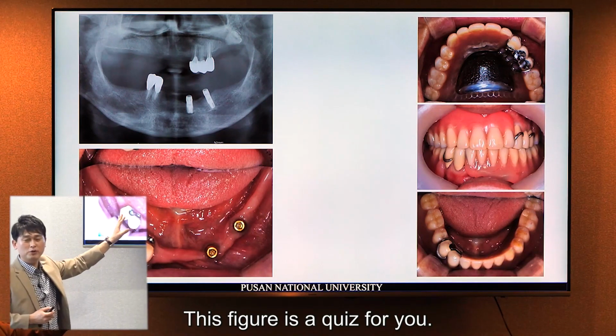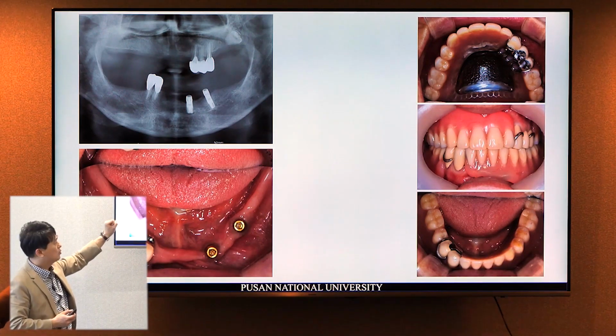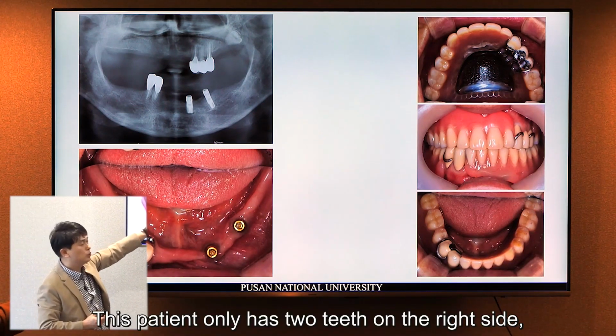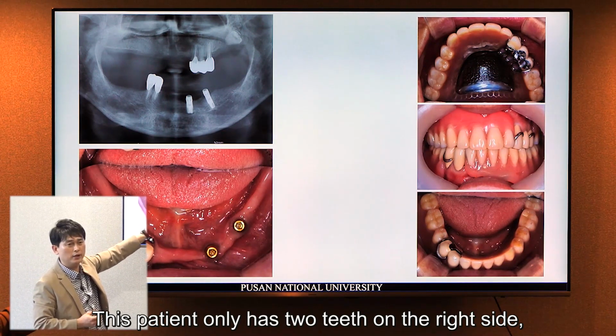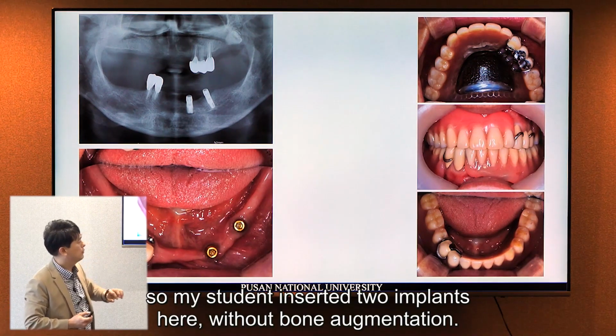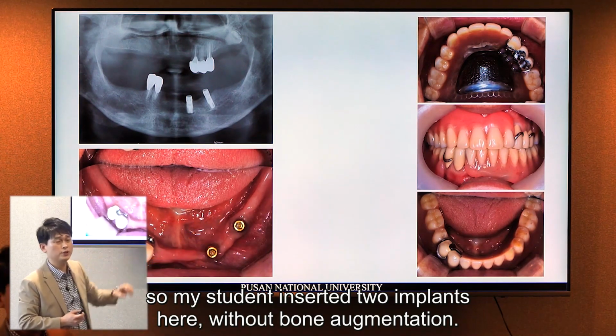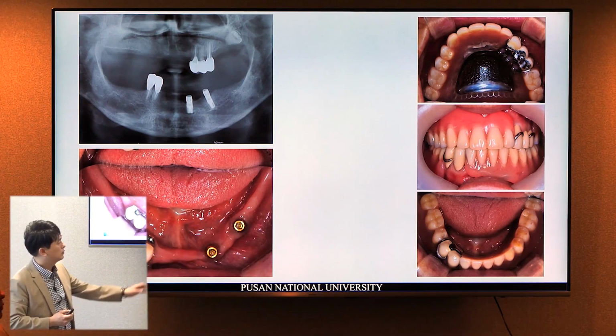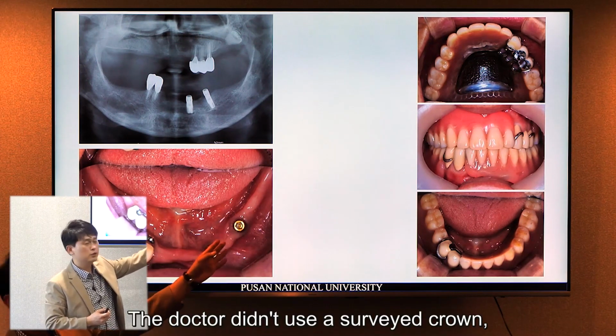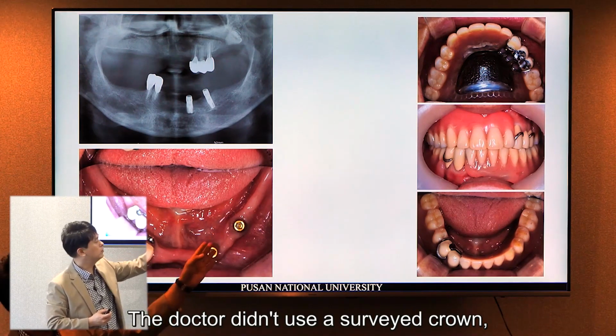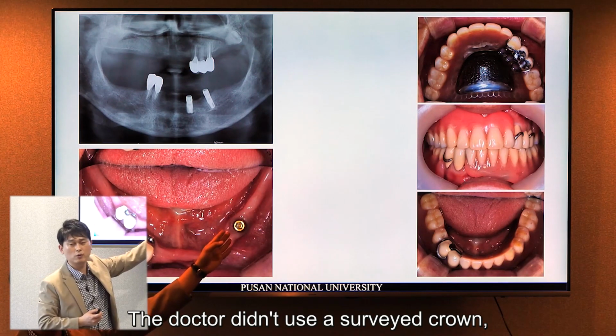This figure is a quiz for you. This patient has only 2 teeth on the right side. My student inserted 2 implants here without bone augmentation, and the doctor didn't use a surveyed crown.